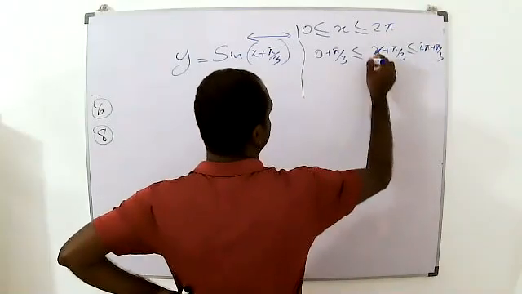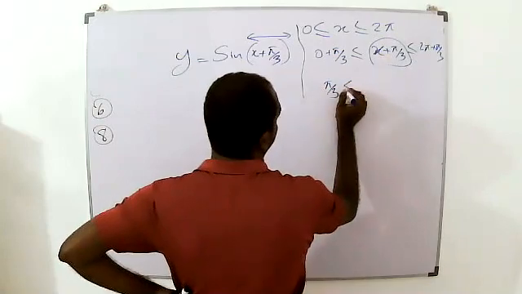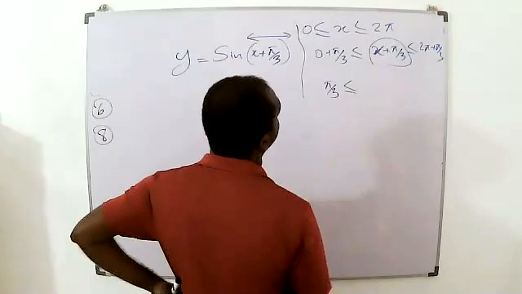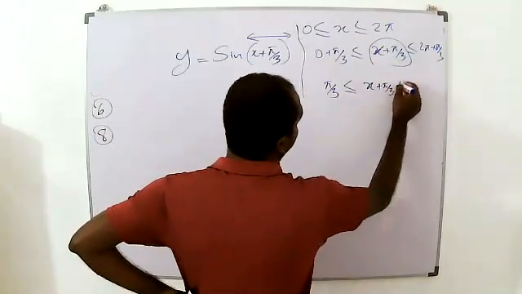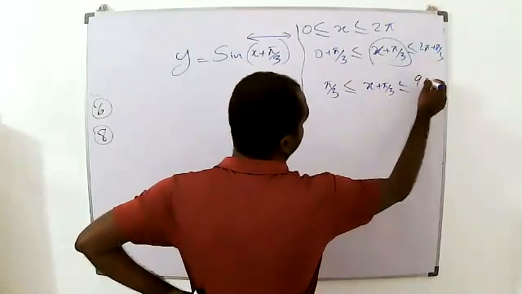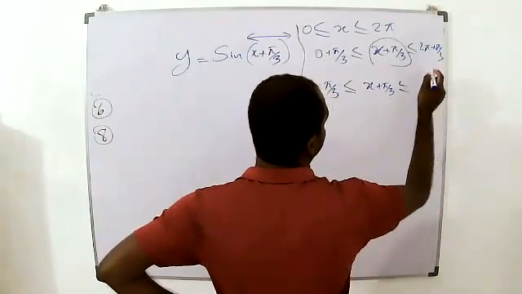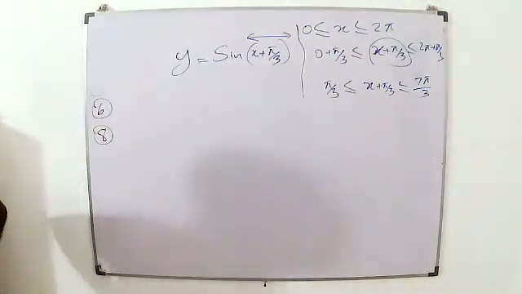So the range of this value is π over 3 comma, x plus π over 3, and here we have 7π over 3. This is the range of x plus π over 3.